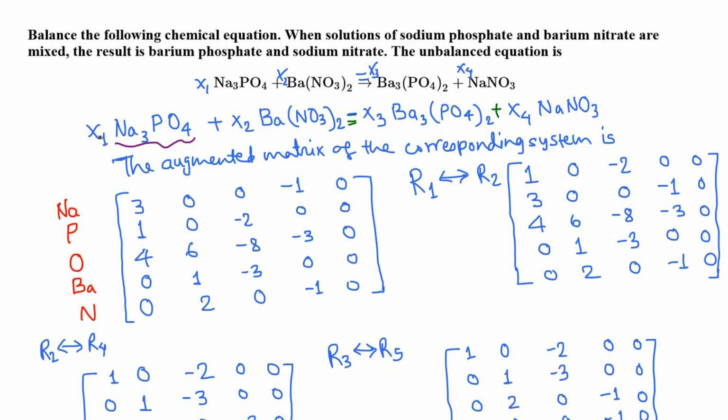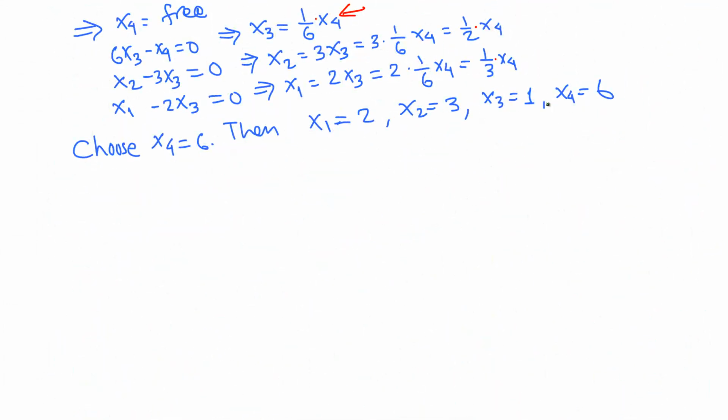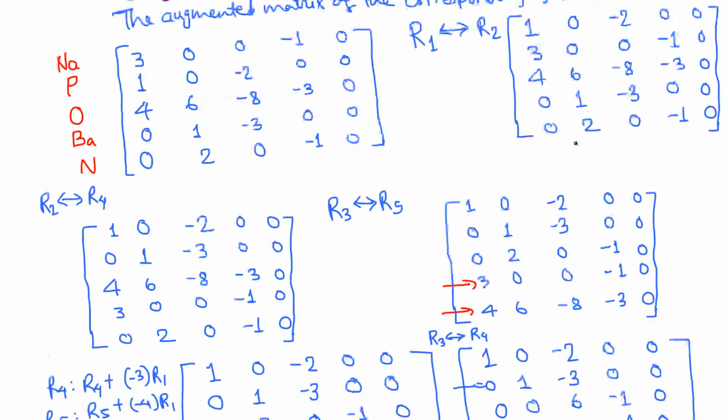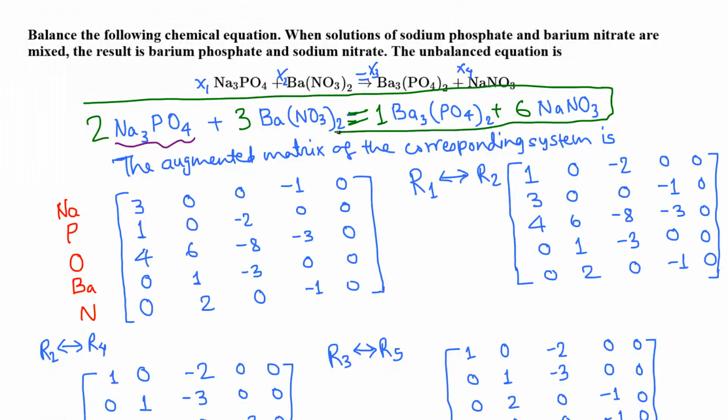So what are the values of x1, x2, x3, and x4? 2, 3, 1, 6. So this will be 2, 3, 1, 6. So this is the balanced equation. If you count the number of atoms on both sides, they will be equal.